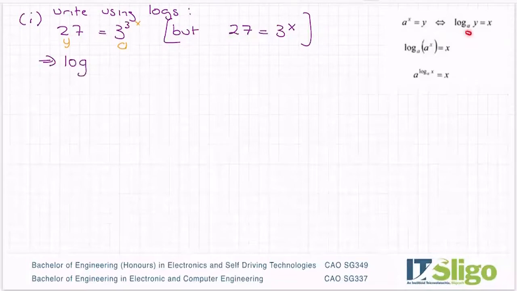Your base number in logs is the base number to which the power was raised. So it's that little 3 there. It's the log of your answer, so it's 27. And that would give me my power, or would have given me X in this one.